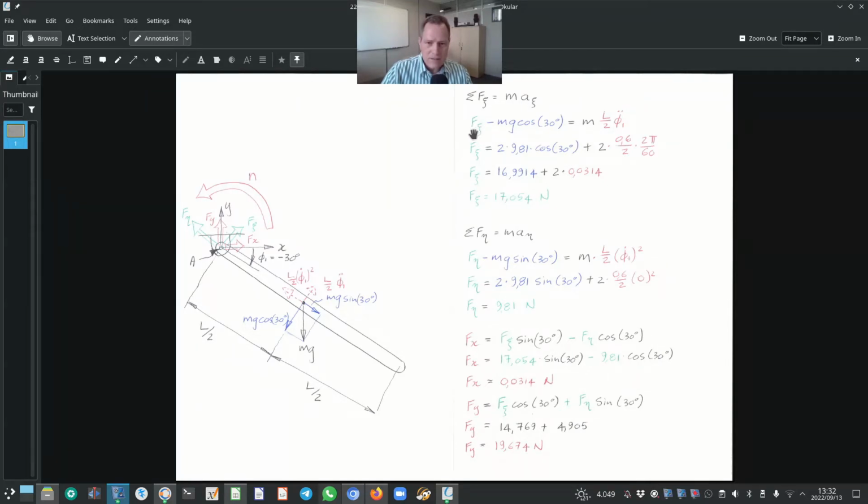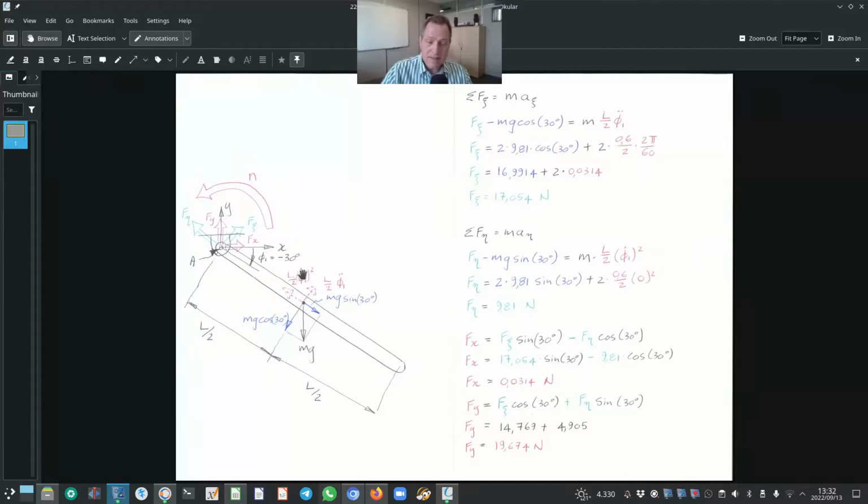So the forces acting on the driven pendulum rod are obviously this force here, F Kc, and then in the negative Kc direction it is mass times gravitational acceleration times cosine 30. Those are the only forces acting in the Kc direction, and that will be equal to the mass of the pendulum rod multiplied by the acceleration in the Kc direction.